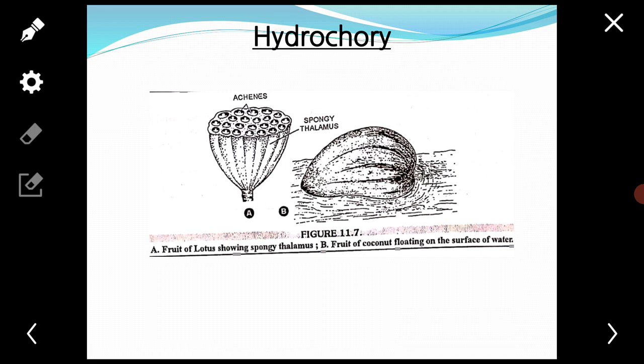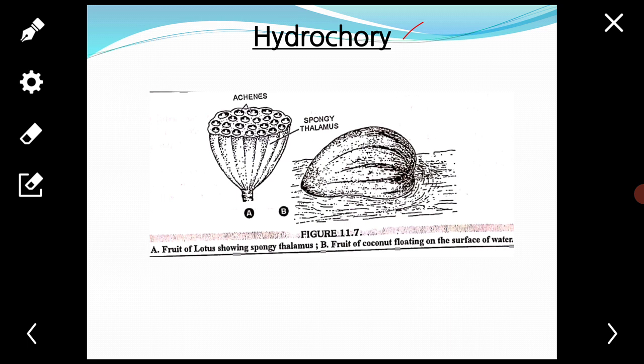Next, hydrochory, by the help of the water. The seeds and fruits of plants growing in or near water are dispersed through the water. Such plants generally develop some kind of floating devices and a protective covering.